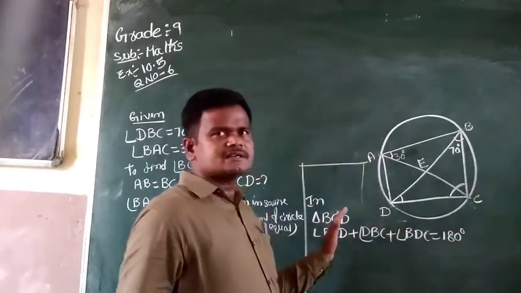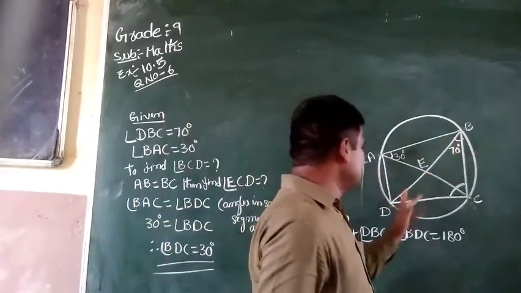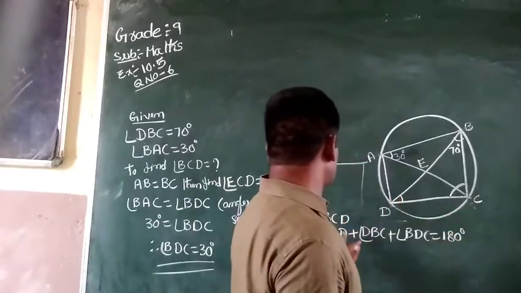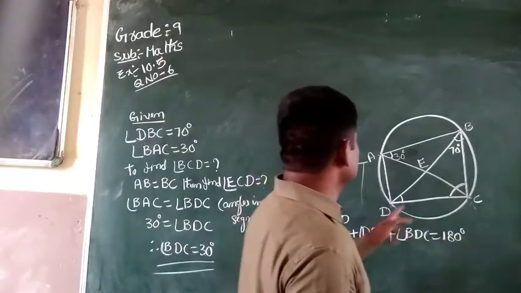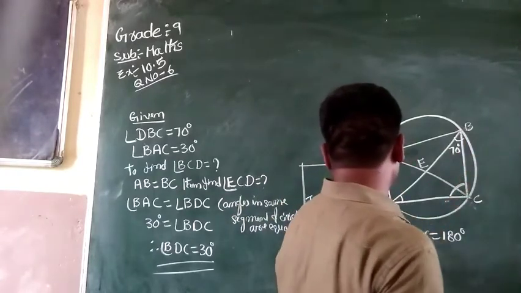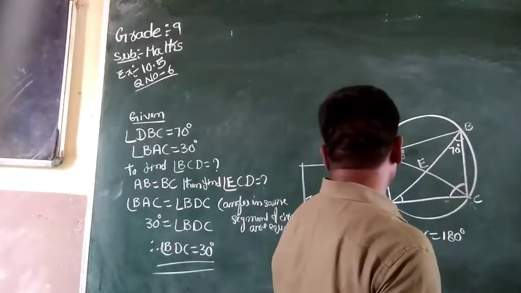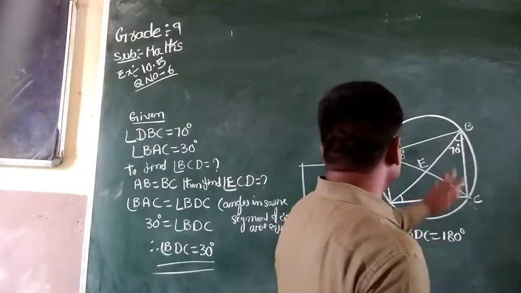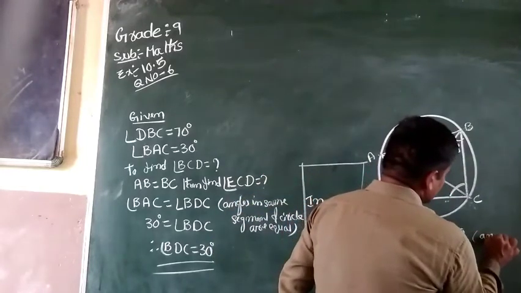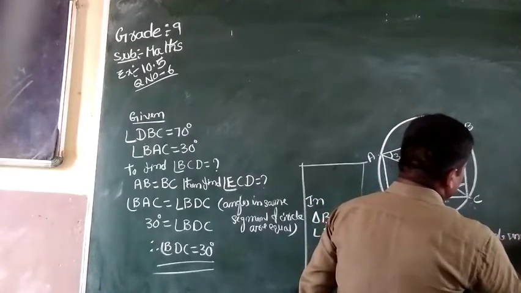The reason is angle sum property of a triangle. So these three angles, angle DCB or BCD, angle DBC, and angle BDC, sum is 180 degrees. That is the reason, angle sum property in a triangle.